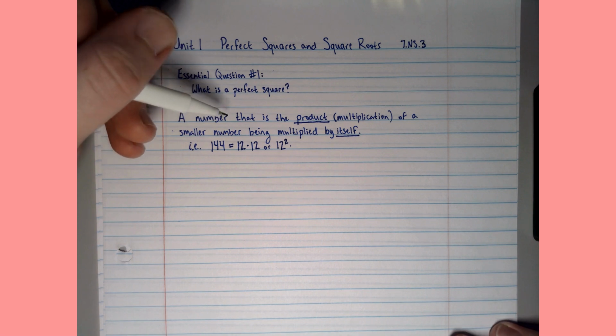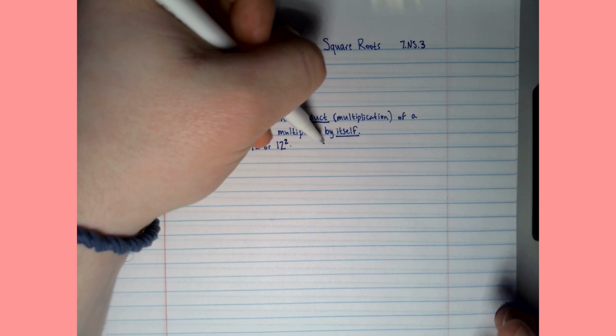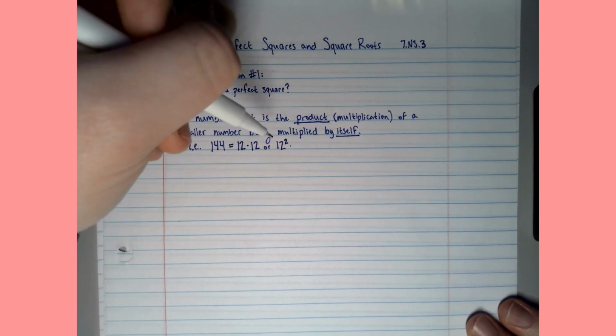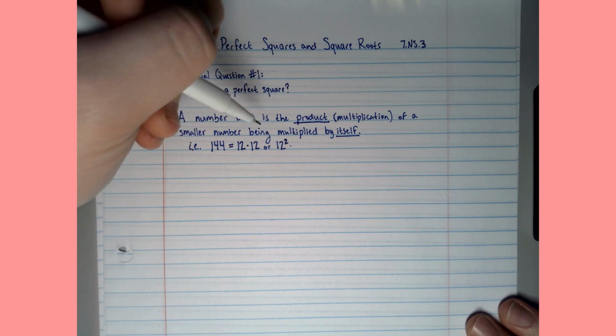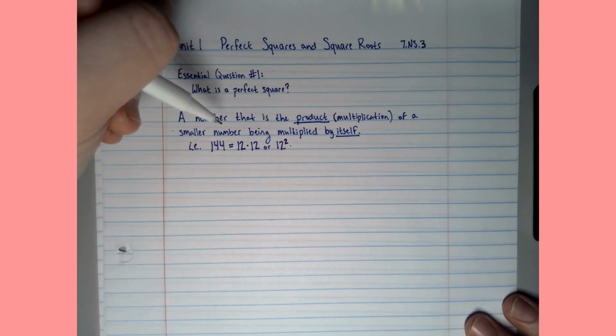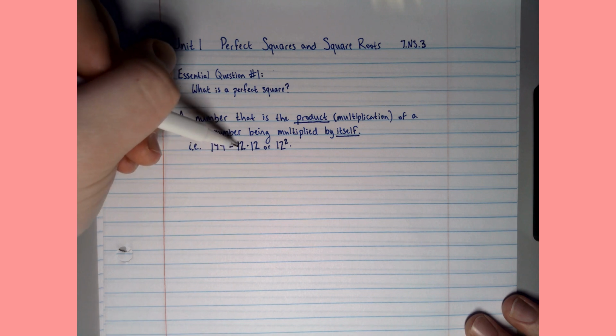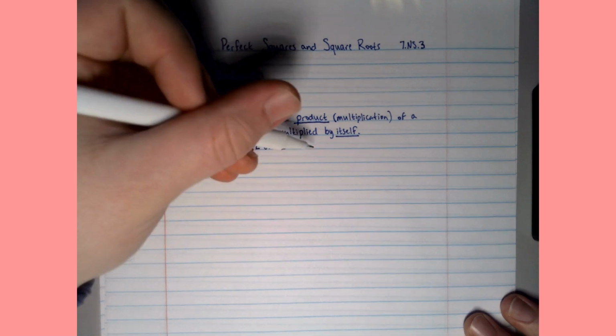Okay? So another example, I could show you, I don't want to use 2 because it tends to be a very confusing one. And you're going to be dealing with exclusively positive numbers here. Notice positive 144 is equal to positive 12 times positive 12. That's all you need to know right now for this year.